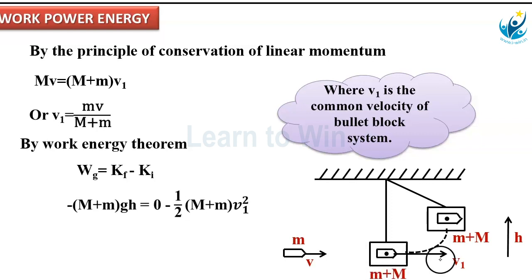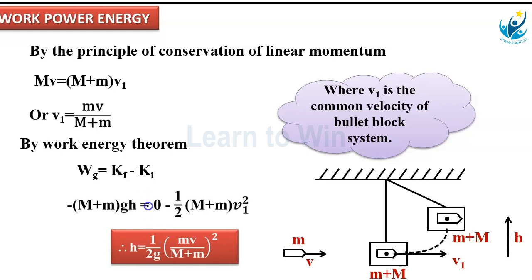Minus capital M plus small m into gh is equal to final kinetic energy 0 minus half into capital M plus small m into v1 square. Here h is equal to capital M plus small m cancelled. h becomes 1 by 2g into v1 square. What is v1? mv by capital M plus small m. Substitute here mv by capital M plus small m whole square.